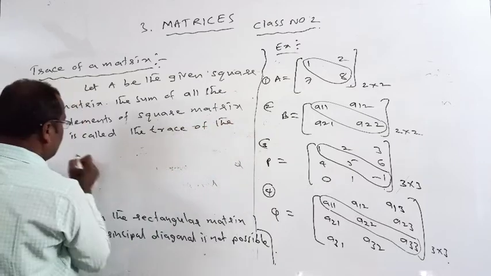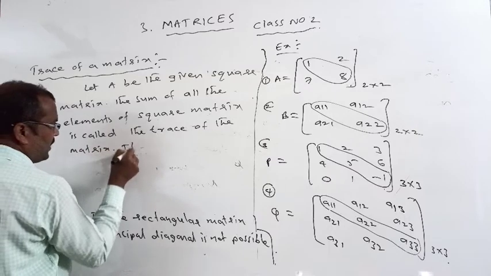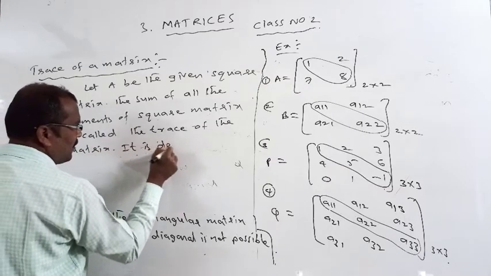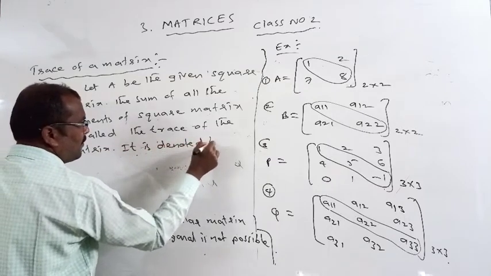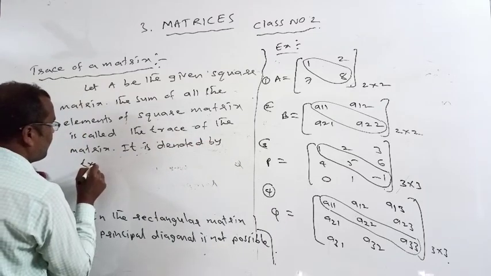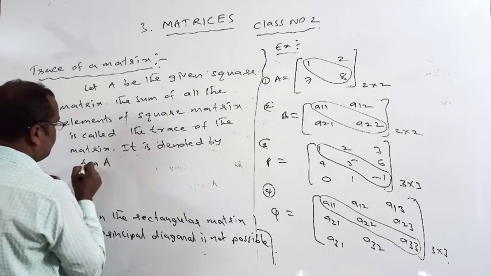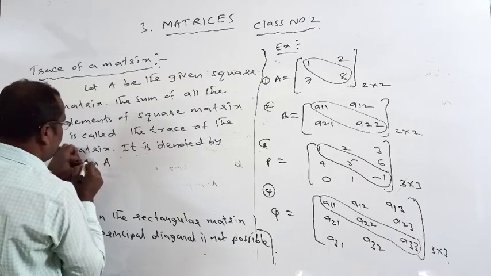It is denoted by trace A, or simply tr A.